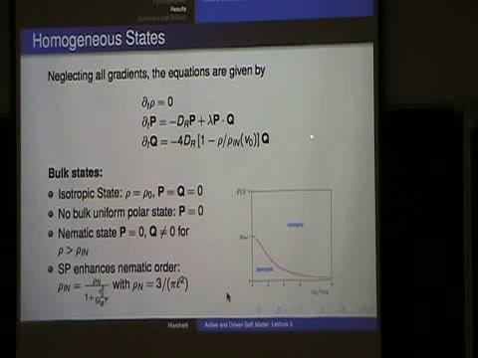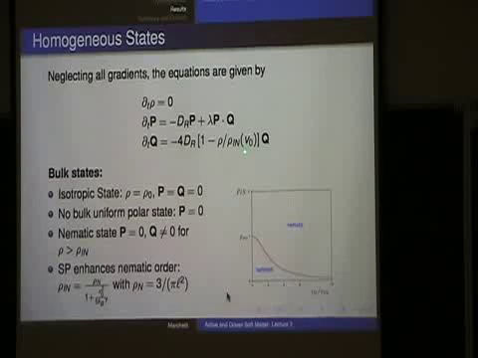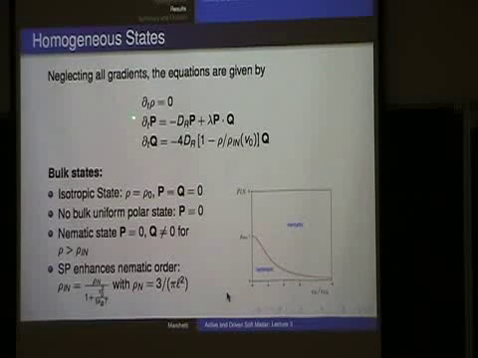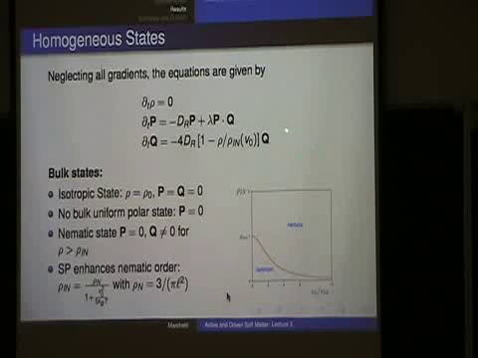In this approximation, I don't really get an isotropic-nematic transition, but I get the signal of the transition from the change in sign of the coefficient of Q in the decay of fluctuations. When rho is larger than rho_IN, the fluctuations in the alignment tensor become unstable, and that's the signature of the nematic transition. To actually calculate the transition, I need to keep terms of order Q cubed, which Gonzaga did.